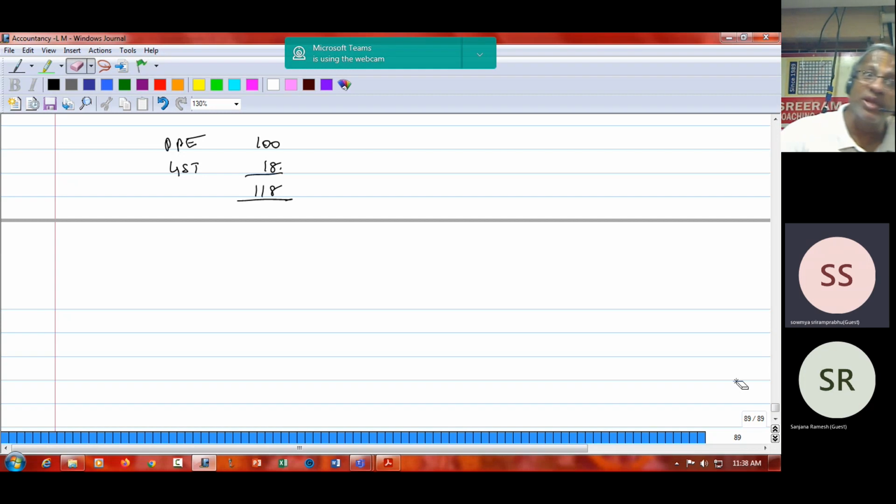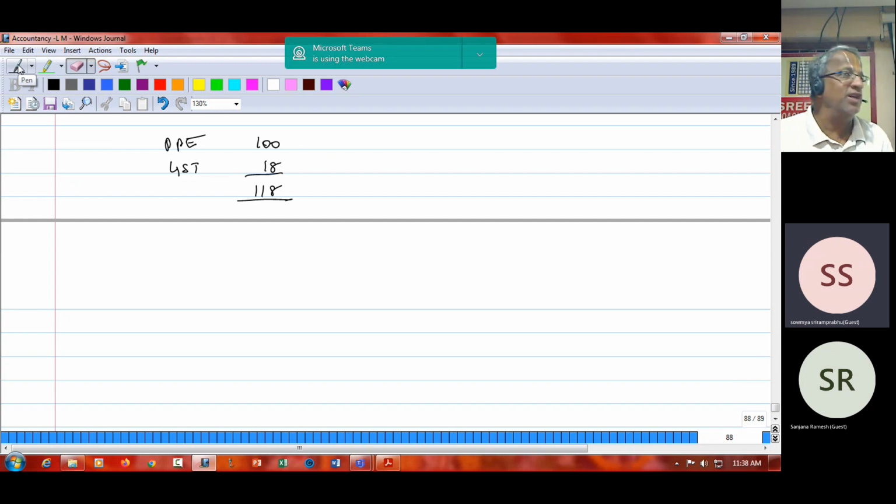You are talking about raw material alone, but machinery is also involved in manufacture. On machinery also I have paid GST. Can I claim this? Answer the question. Yes. For capitalizing, will I capitalize the 18 also, or capitalize only 100?